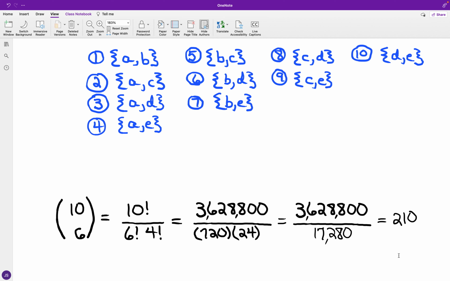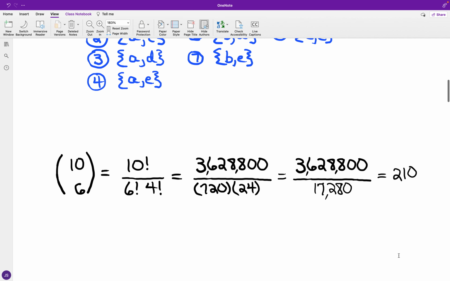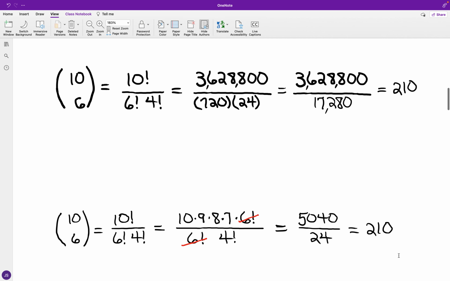But for many scientific calculators, the factorial is going to reach a saturation value, where many models will not even be able to get to 70 factorial. And I don't think anybody would want to write out all the digits of 70 factorial anyway. There is a simpler way to reduce this.